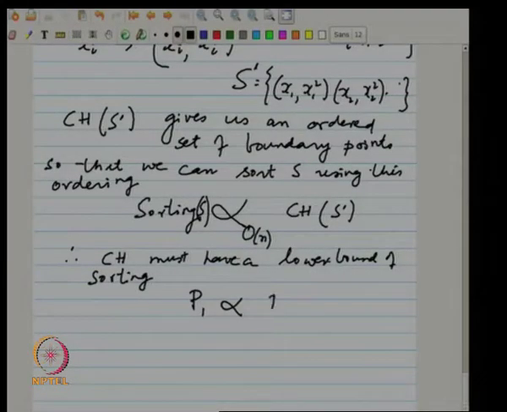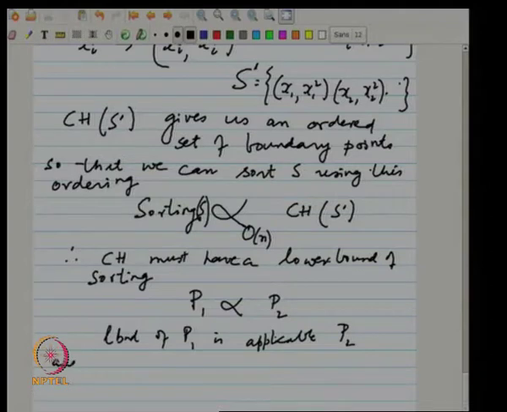So, whenever I can reduce problem P 1 to P 2, the lower bound of P 1 is applicable to P 2, and the upper bound of P 2 is applicable to P 1.